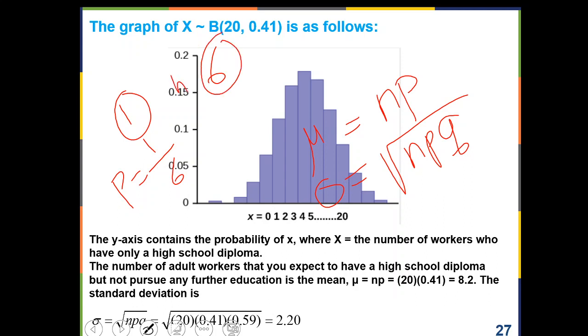If I do it 6 times, if n is 6, and in the long run, if I keep rolling a die 6 times, in the long run, how many 1s should I expect to get when I do it 6 times? Well, maybe you do it once and you get one 1. Next time you do it, maybe you get 2.